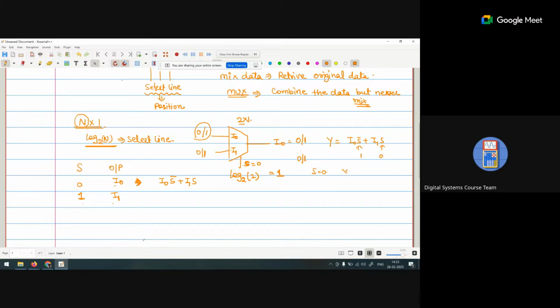So what is the output? Y is I naught. If S is equal to 1, this becomes 0, this becomes 1. So we are getting Y is I1.